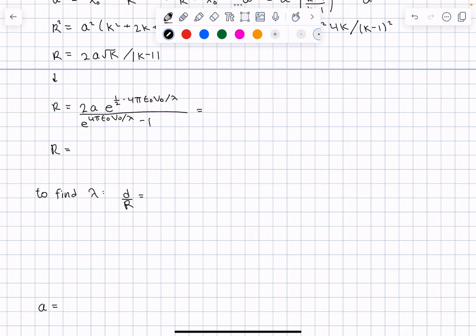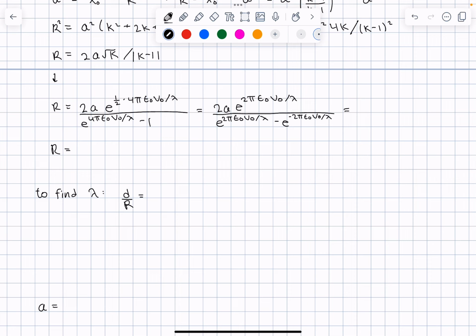Just like before, we can rewrite that to be 2a e to the 2 pi epsilon naught v naught over lambda over e to the 2 pi epsilon naught v naught over lambda minus e to the negative 2 pi epsilon naught v naught over lambda.